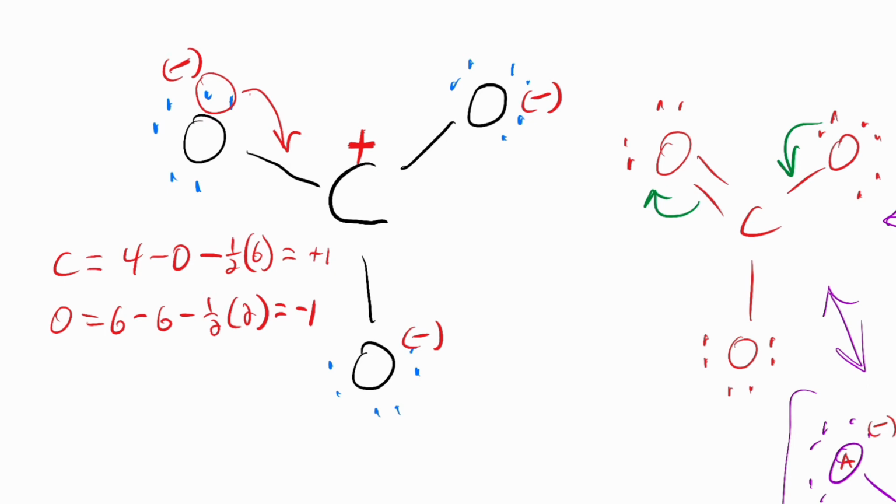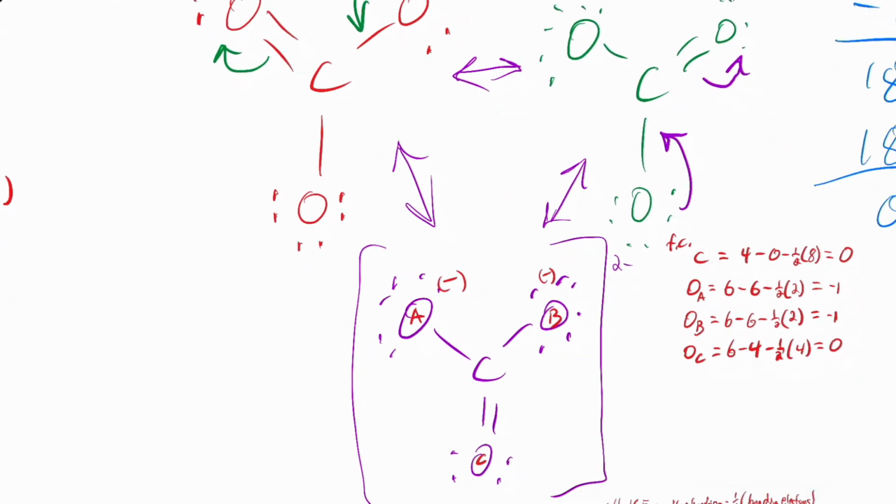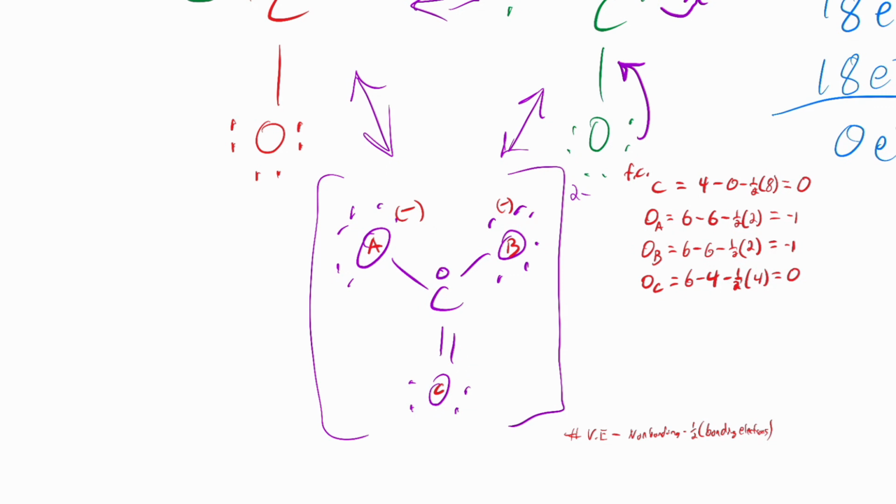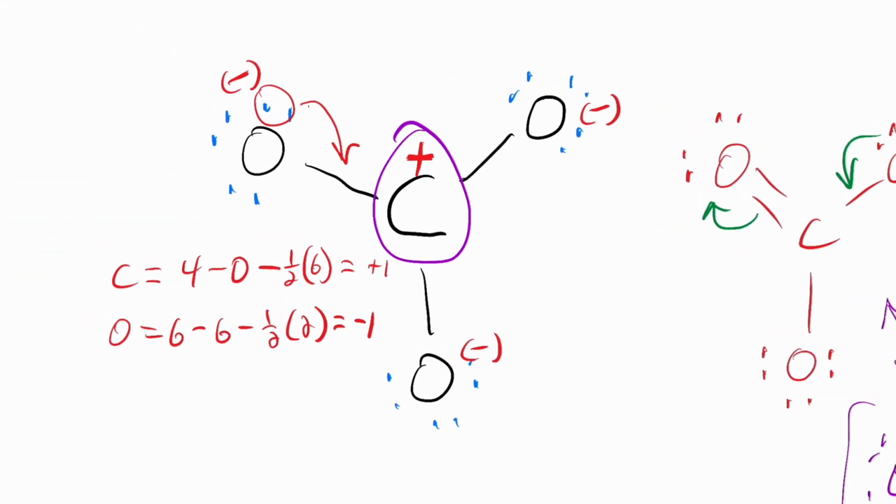This is a resonance structure. It is an unstable resonance structure because this central carbon has a positive charge, and then in our other one, the central carbon has a neutral formal charge. And also for this oxygen, it's also no charge here. So having lower formal charges makes it more stable.